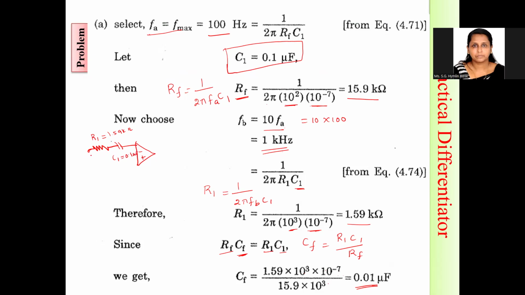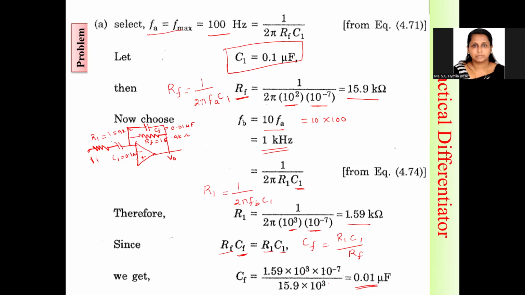This is your input. In the feedback you have CF and RF. The CF value should be 0.01 microfarad and RF is 15.9 kilo ohm. That is connected to the output voltage.